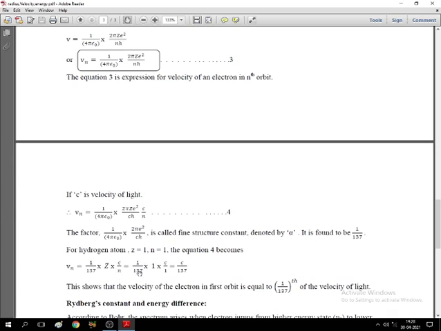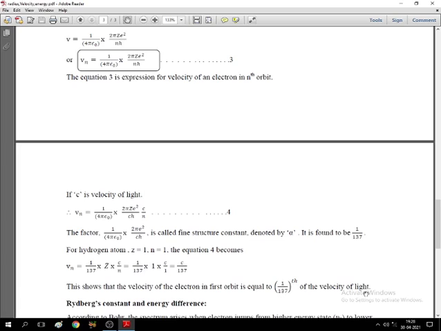Put the values: 1 upon 137 into 1 into c upon 1 is equal to c upon 137.